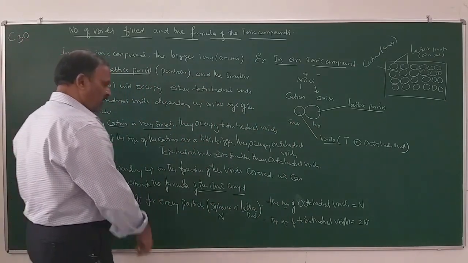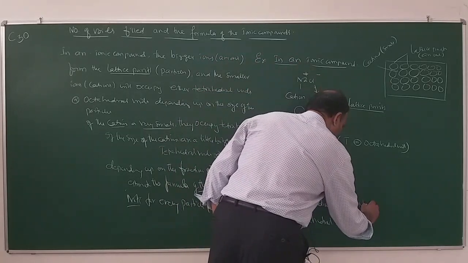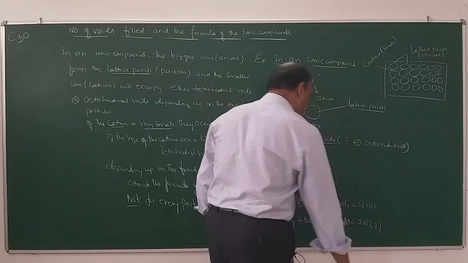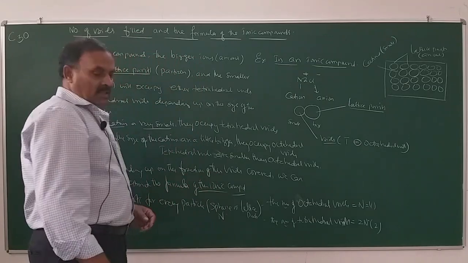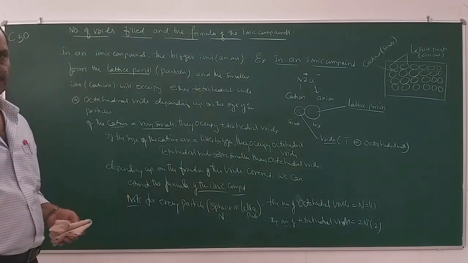For every particle, the number of octahedral voids is equal to 1, the number of tetrahedral voids is equal to 2. So this is the meaning of this one.